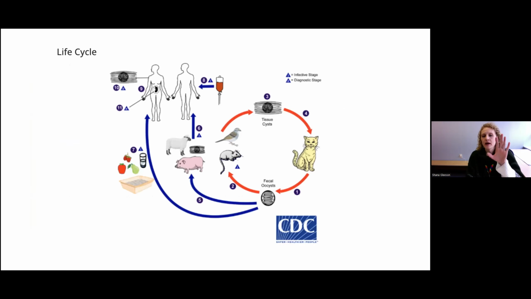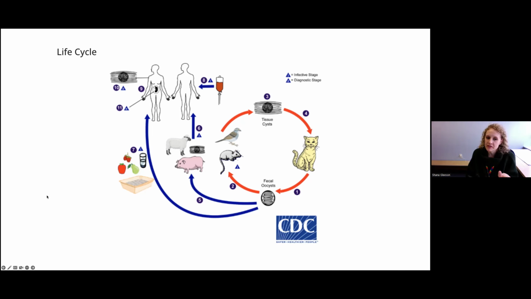So toxoplasma, for the sake of time, I won't get into detail with this because this is sort of ID parasitology, nitty-gritty stuff, but cats are the main hosts for toxoplasma. Other animals, if they ingest dirt, soil, or things like that that have the parasite in it from cat feces, can get it too.